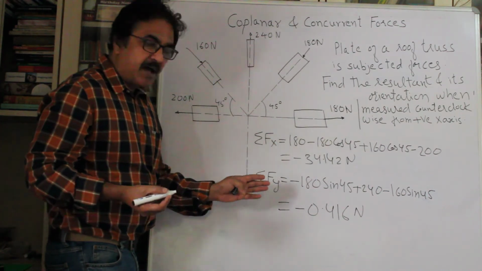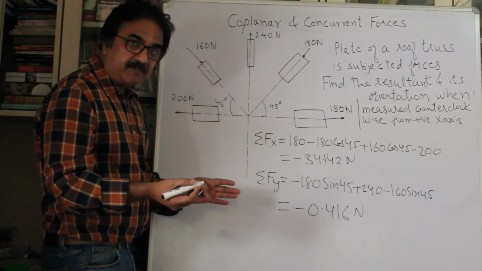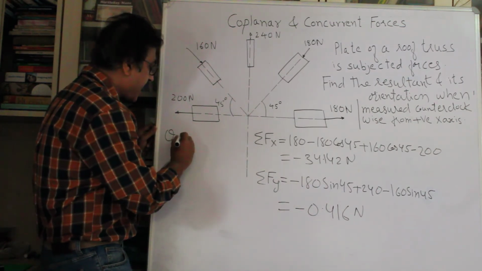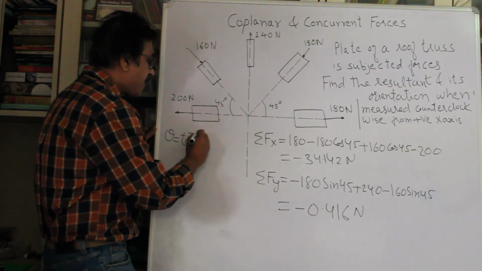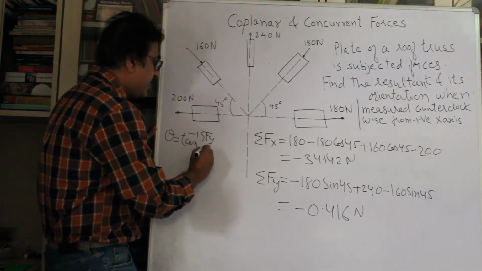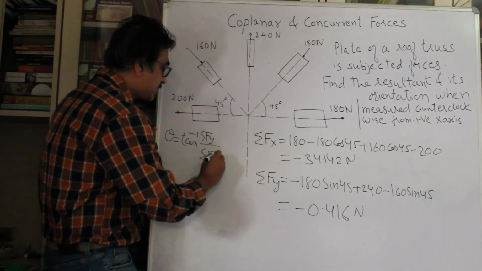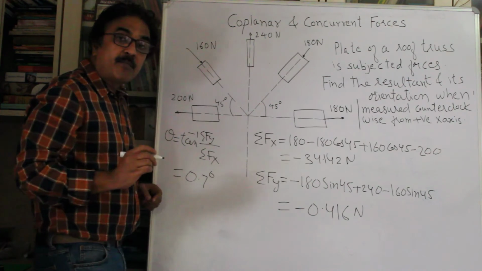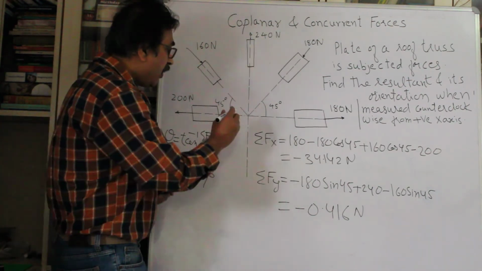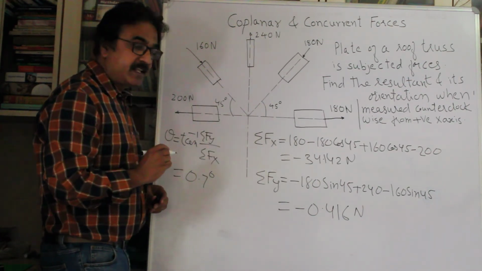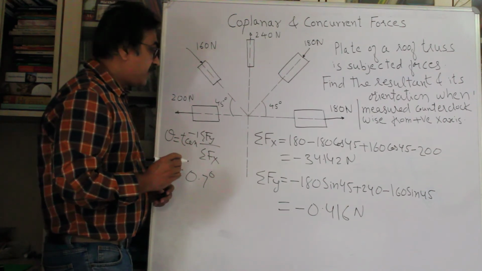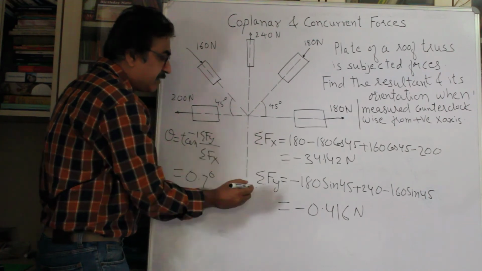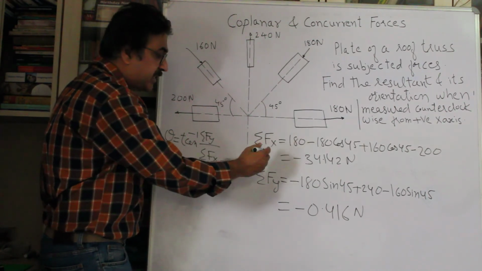I'm skipping over that. Essentially theta is going to be tan inverse of sigma Fy upon sigma Fx, and if you do that, this is 0.7 degrees. But you want to represent that. How will you represent that? Because it's already in the fourth quadrant, you can draw a line, and of course we want to find the magnitude also.